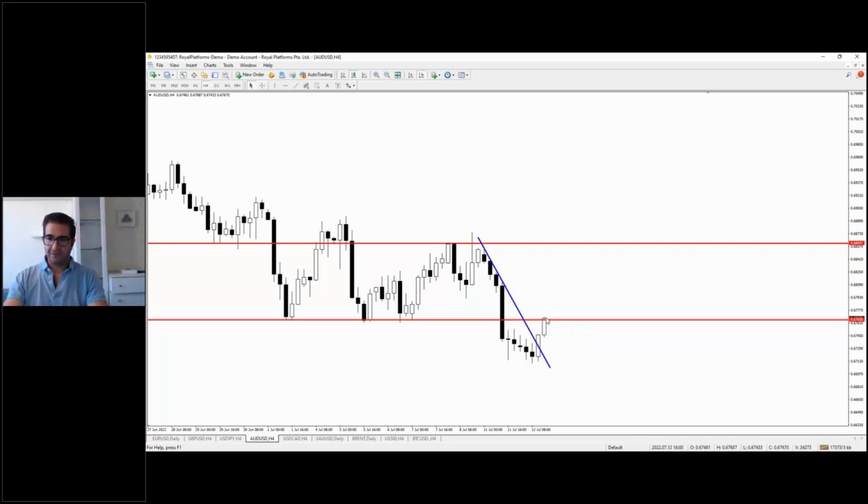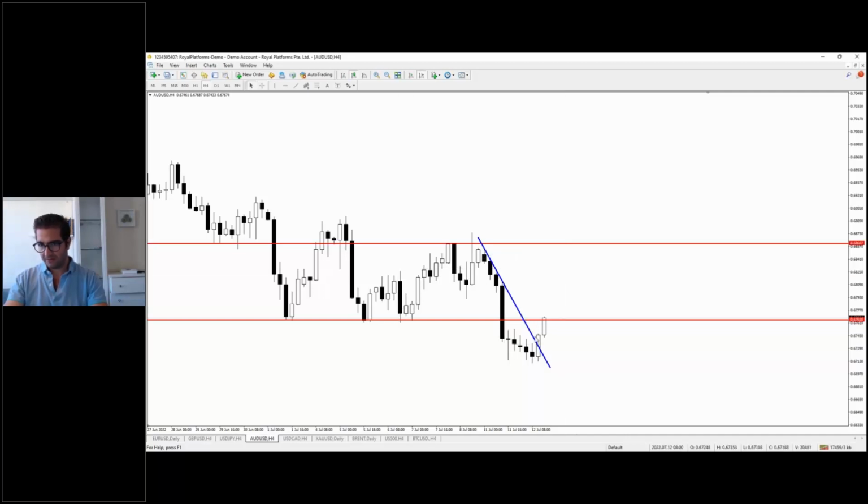If we have a breakout and a close above this support level, if we have a close and breakout of the current 4-hour bar above this 0.67, we might see the Australian dollar again moving to the upside all the way up until this 0.68 mark.